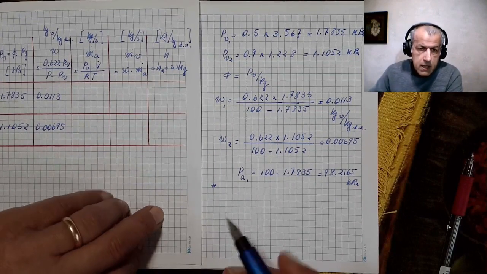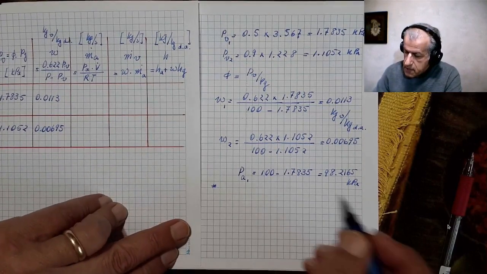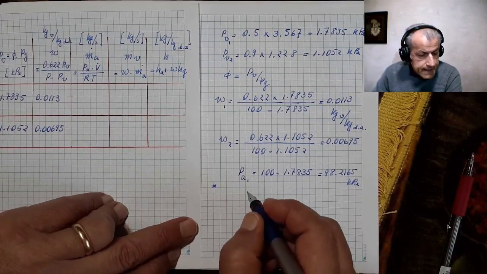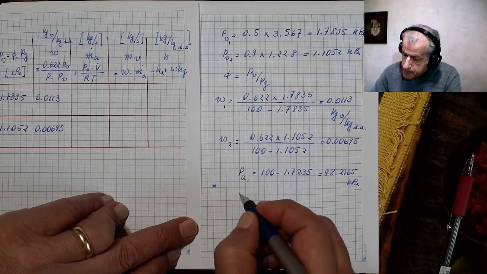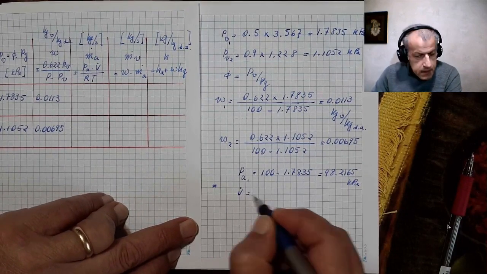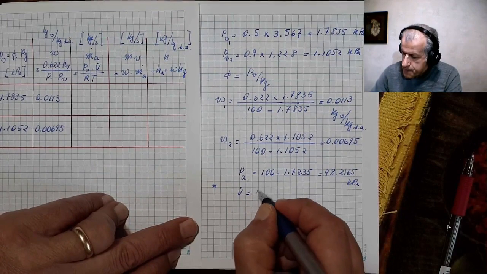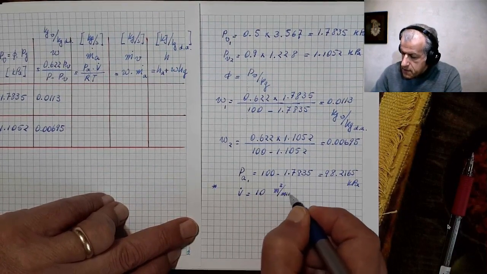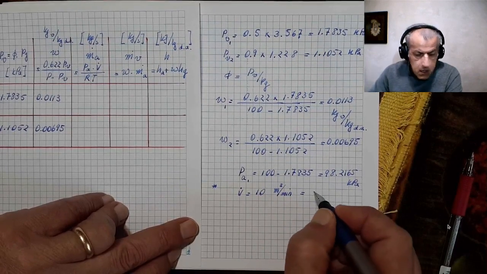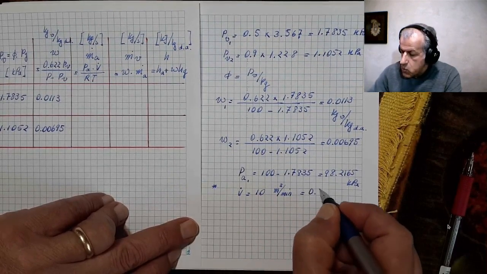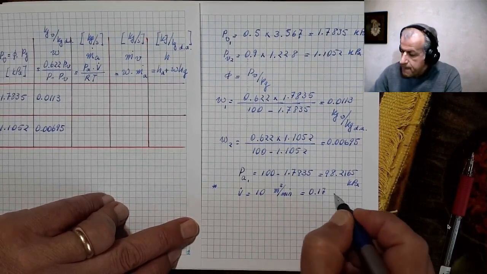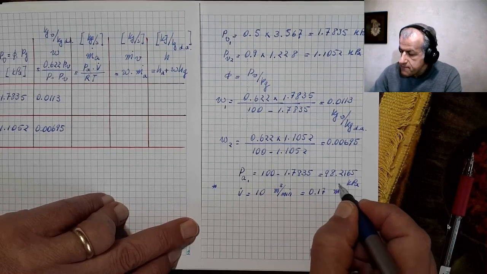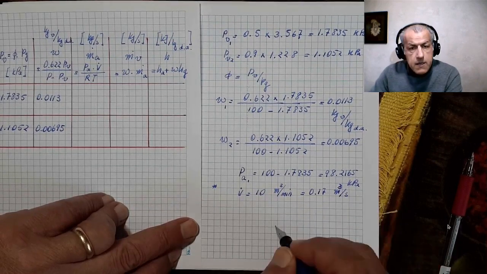So PA1 is this value, and V dot is 10 cubic meters per minute, which is equivalent to 0.17 cubic meters per second.